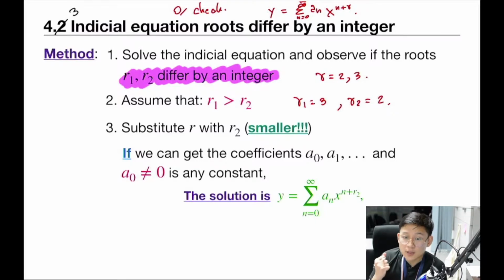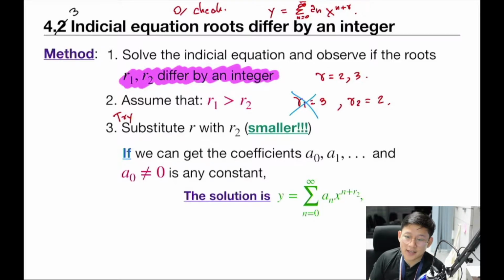Then we substitute r with r2, and we try to get all the coefficients a0, a1, a2 and so on, where a0 is not 0, it is any constant. So the solution is y equals the summation, n from 0 to infinity, of a_n x to the n plus r2. So basically you can just ignore r1.